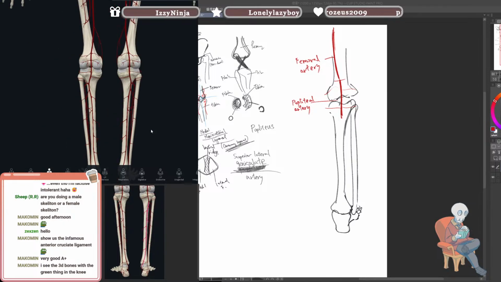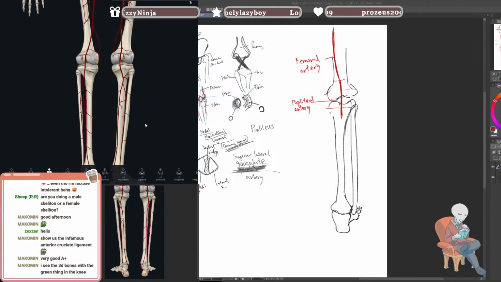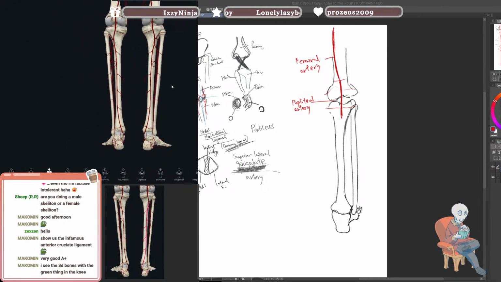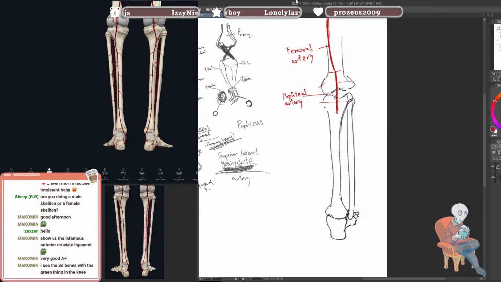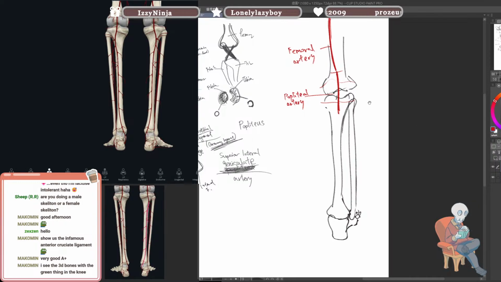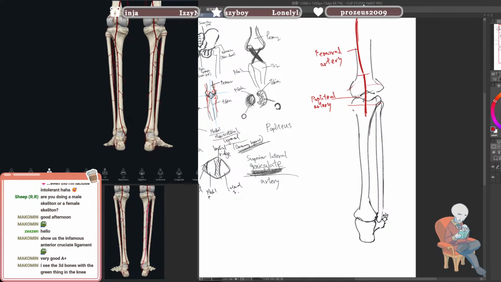And then if I go down there, it'll extend into two arteries, two branches. One artery and the other that goes to there.